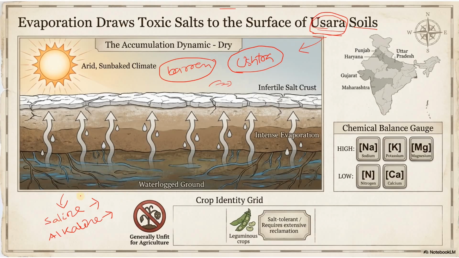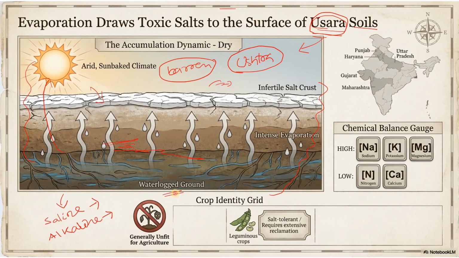This soil has developed under specific local conditions of poor drainage and extreme evaporation, rendering them largely unsuitable for agriculture.